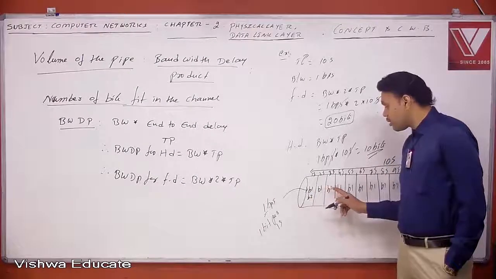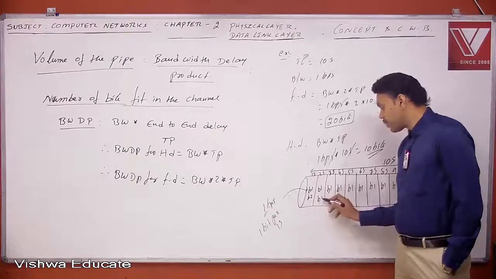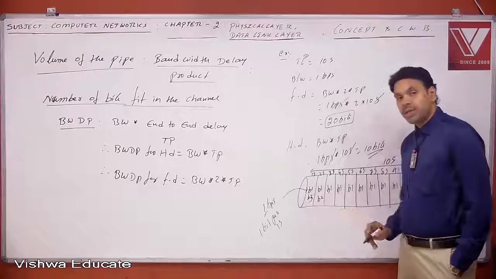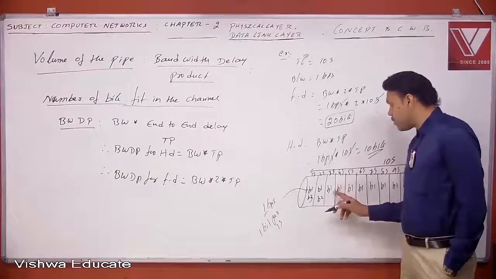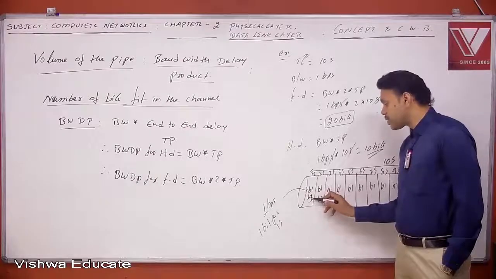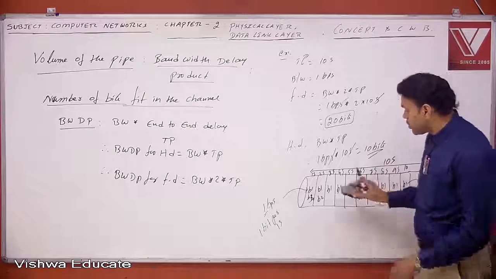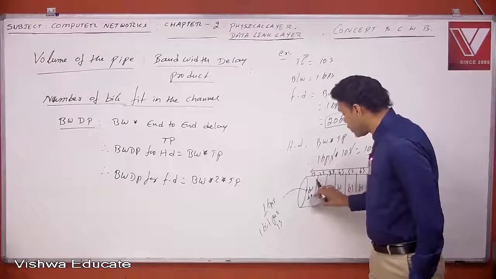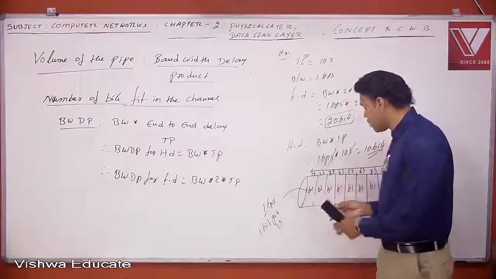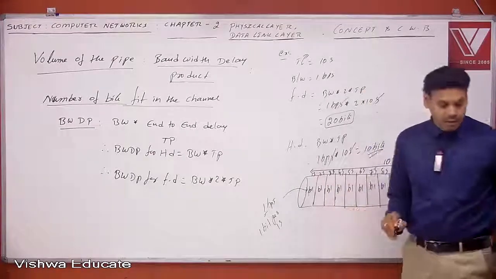And when bit 1 moves here, automatically bit 2 comes here. Then you will inject bit 3. Then when bit 1 comes here and the remaining bits move, you will inject bit 4. Likewise, if you observe carefully, at 10 different positions, 10 different bits you will get.